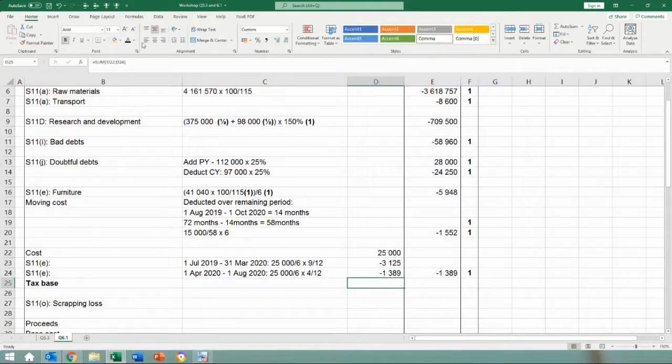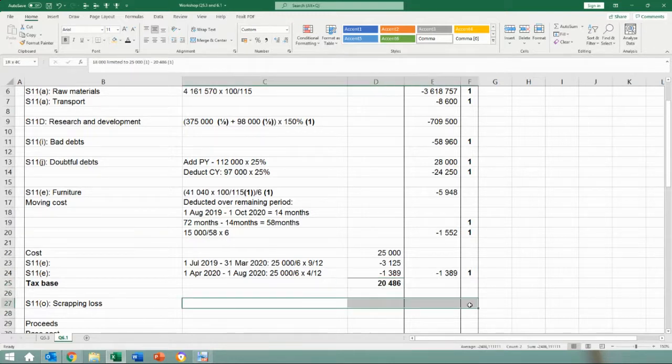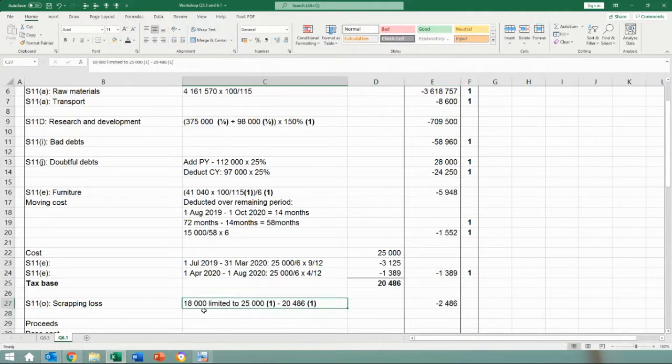Then our tax base, which is also our carrying amount, is our cost less the accumulated wear and tear we've deducted. So our cost or tax base is 20,000. But we've sold it for 18,000. So the loss that we made is the difference between the 18,000 and this 24,000. Now, normally it is limited to the lower of your actual sales price or your cost.